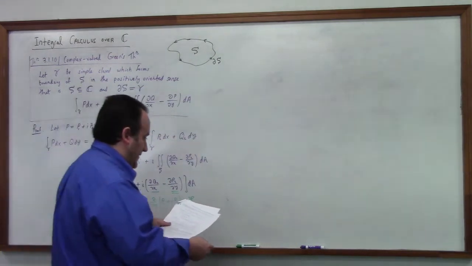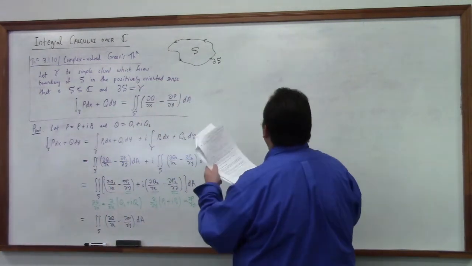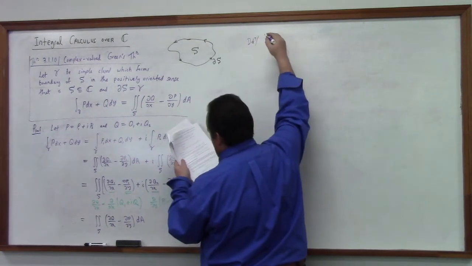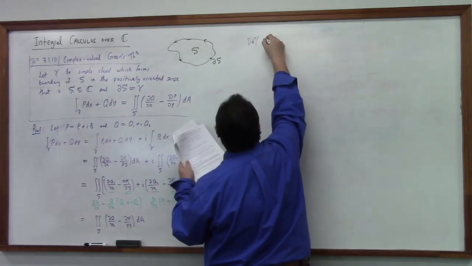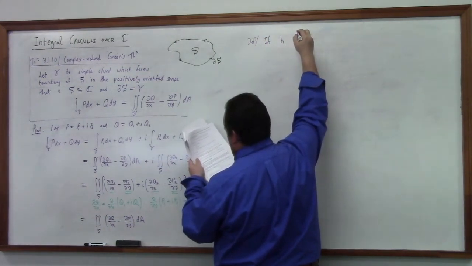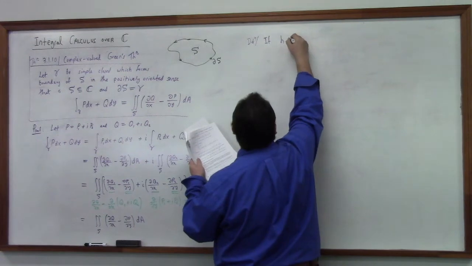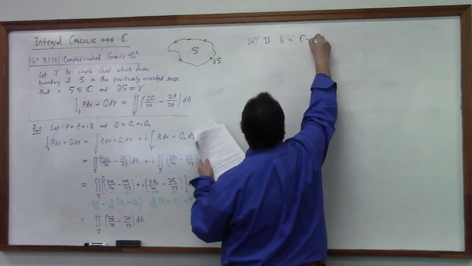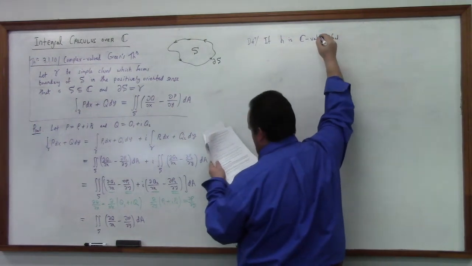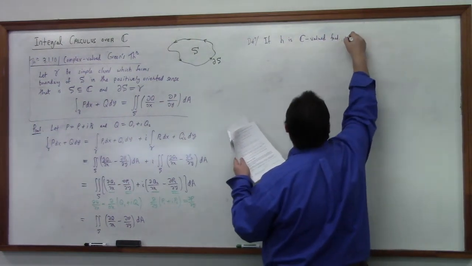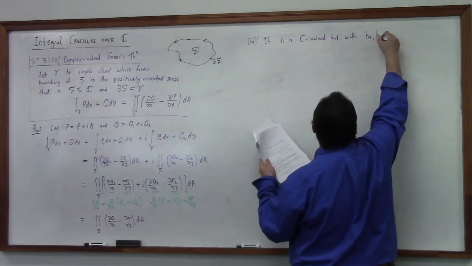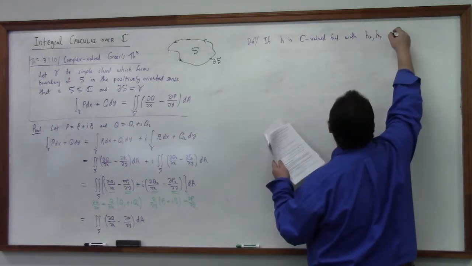All right, so let's move along here. Definition. If h is a complex valued function with h_x and h_y continuous.